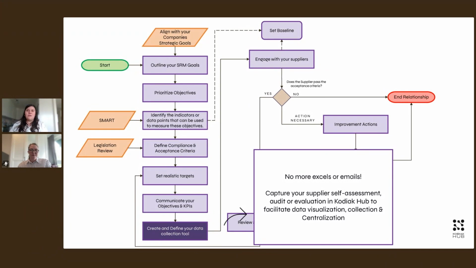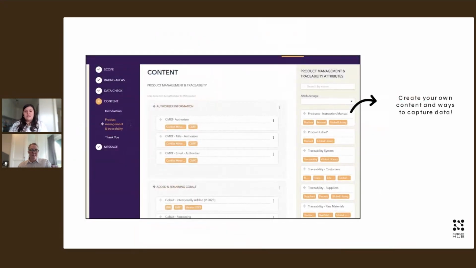As you know, we try to make the assessments with only one link, no login for the supplier, so they can come along and just answer and send those links to other stakeholders. You can also have your own content, right? You can create everything in one place. And this is a tenet for us in Kodiak.